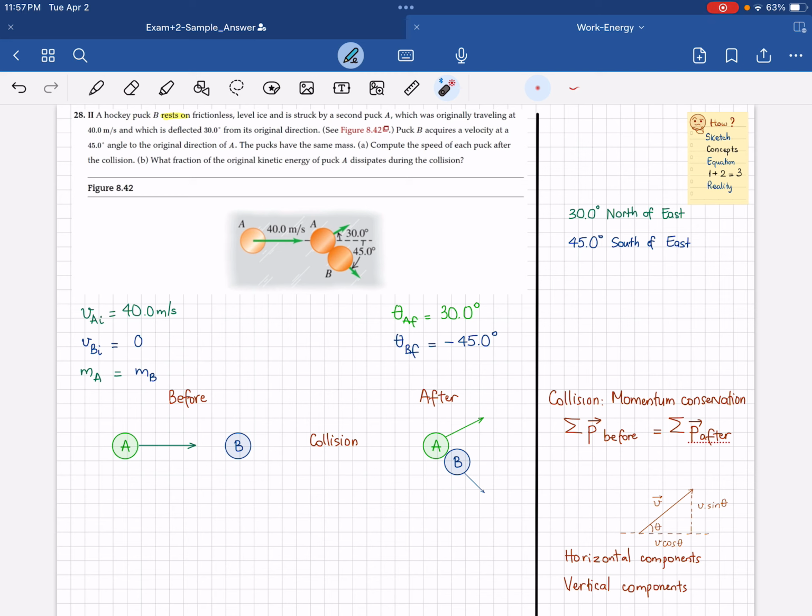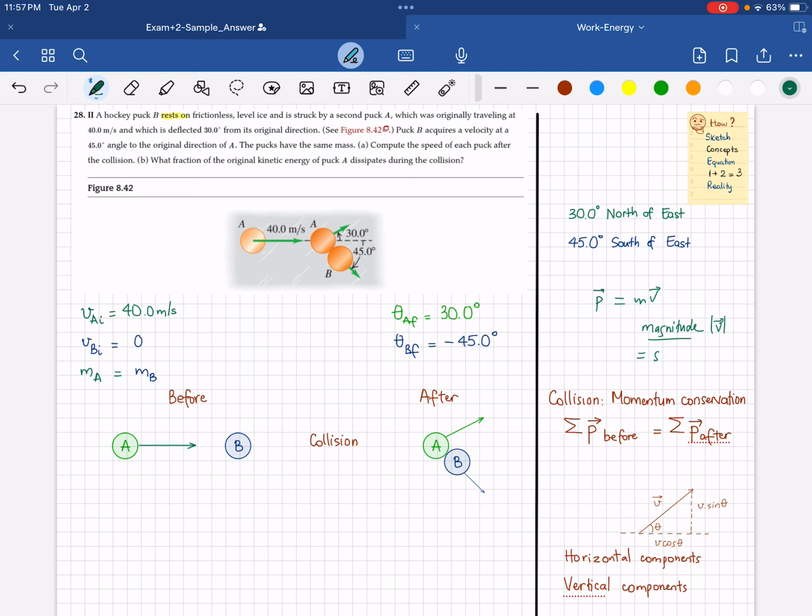Okay, interesting. So what do you think? If we want to determine the speed, we need to apply this one, right? Because momentum has to do with velocity: momentum equals mv. And if we want to determine the magnitude of v, that should be the speed.